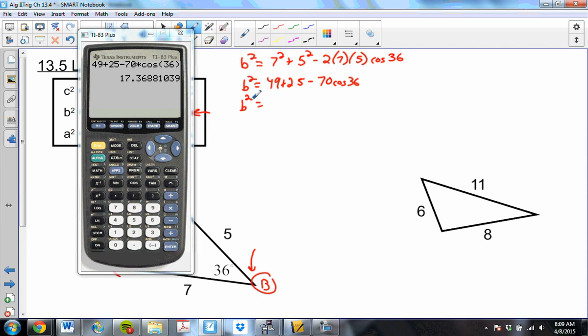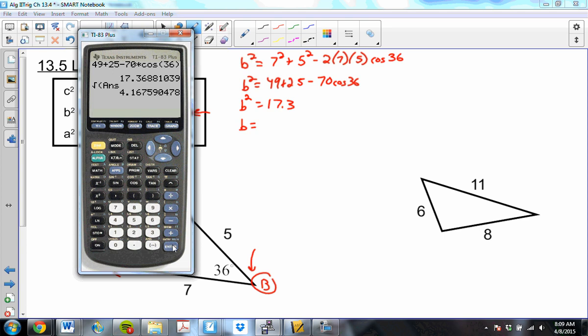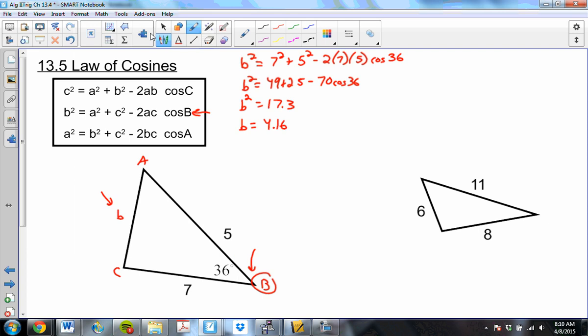The step you're going to forget, though, the very common thing to forget, is that at this point I still have to square root both sides. I don't care what B squared is, I care what B is. So I take the square root of my previous answer, and I get 4.16. That is now my side B.